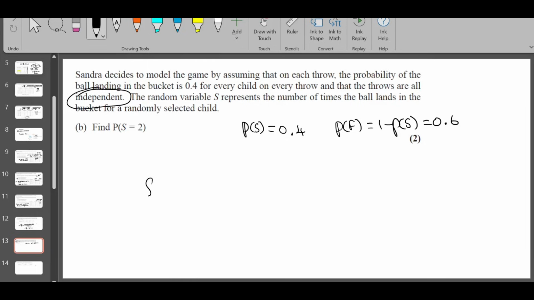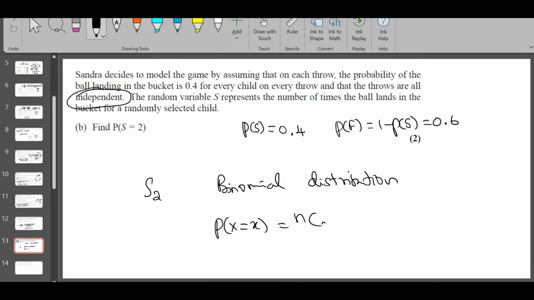If you are taking Statistics 2, there is something called the binomial distribution. The probability function is nCx p to the power x, q to the power n minus x, where p is the probability of success and q the probability of failure. I would advise you all to go through this little chapter. It's very easy.